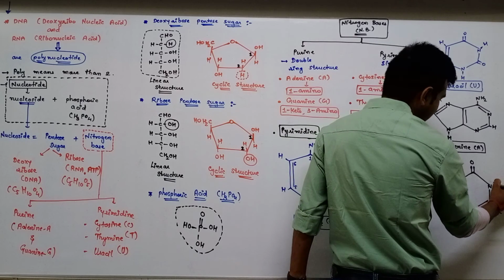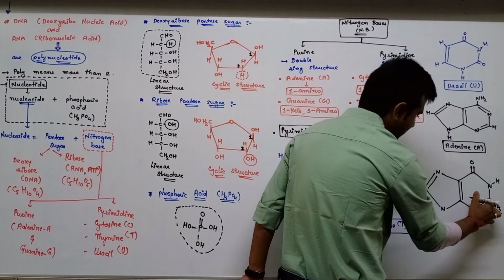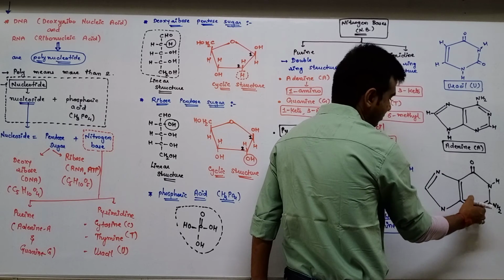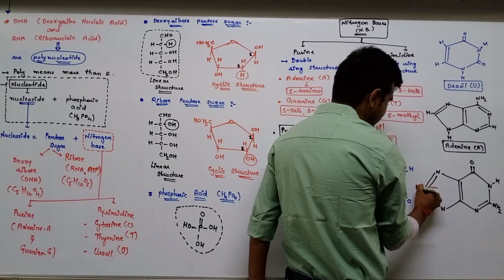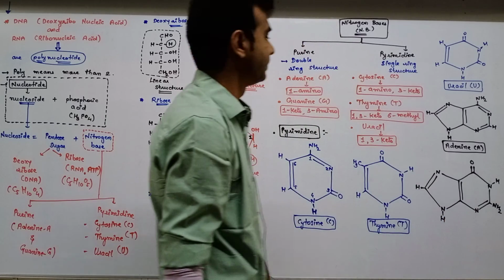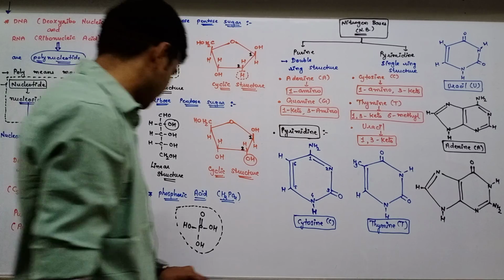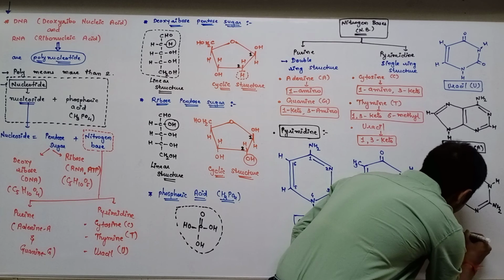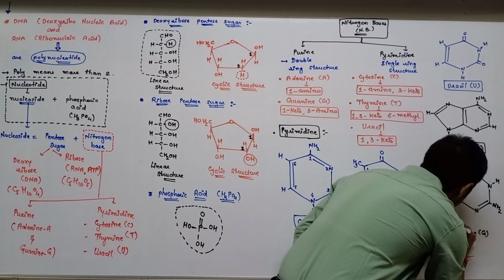This nitrogen has 1 valency remaining, filled with hydrogen. Carbon has 4 valency over, nitrogen has 3 over. This nitrogen has 3 over, carbon has 4 over. Now this carbon has 1 valency remaining and this nitrogen has 1 valency remaining, that we have to fill with hydrogen. So this is the structure of guanine.